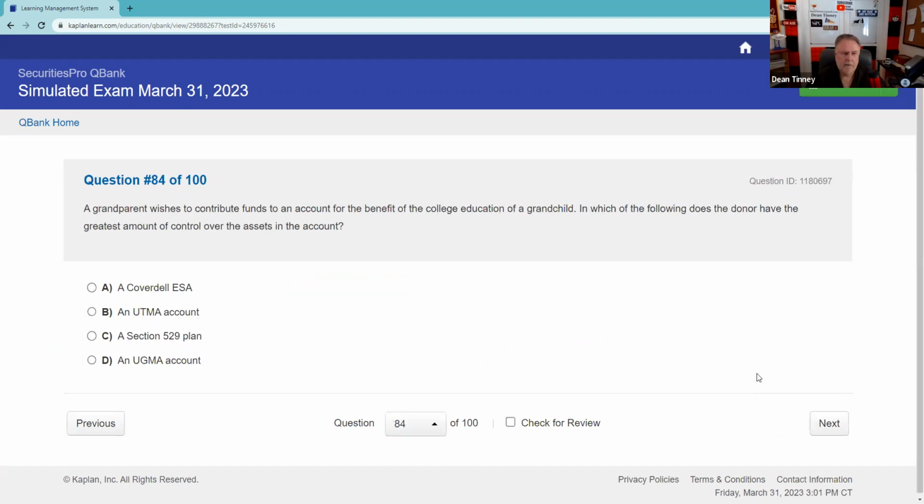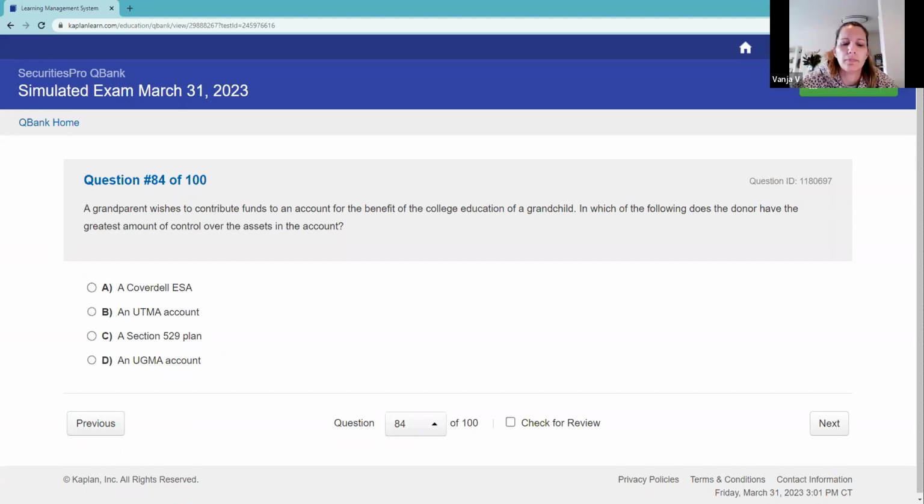Excellent. A grandparent wishes to contribute funds to an account for the benefit of the college education of a grandkid. In which of the following does the donor have the greatest amount of control over the assets in the account? Coverdell, it's theirs. 529 is theirs. Once given, no one takes these back.